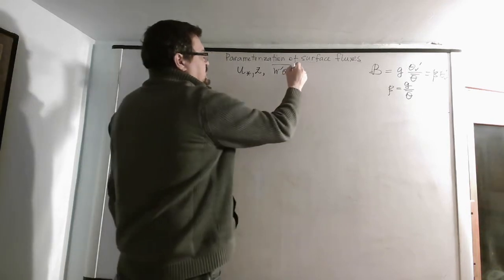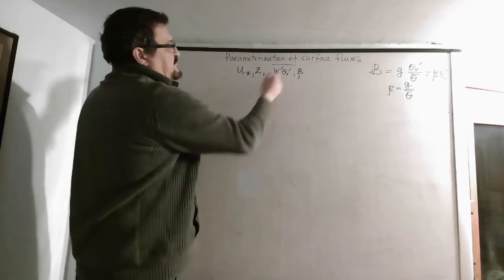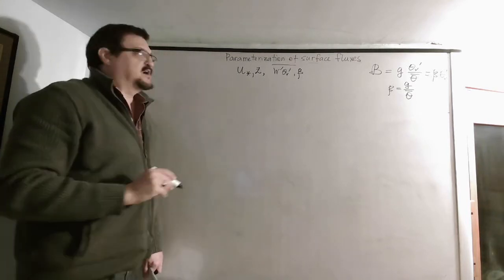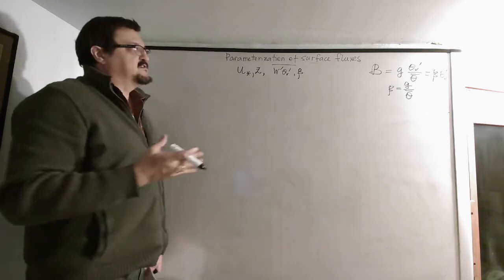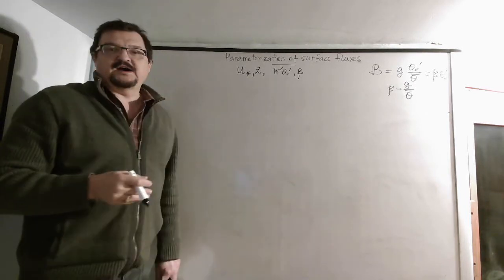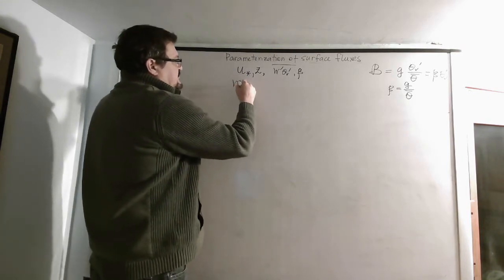So we have two additional parameters that we need to account for, and this theory that generalizes the surface layer theory to the case of the stratified surface layer is called Monin-Obukhov similarity theory, or just Monin-Obukhov theory.